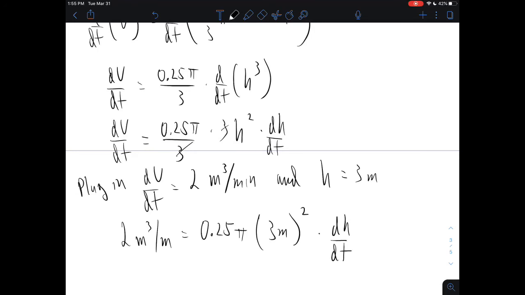And the units, again, are going to cancel out in a way where we're just going to get meters per minute, which is how dh/dt would be measured. And you can see why that would be. The meters cubed on the left are going to be divided out by meters squared on the right, which would just leave you a meters. And then that would be per minute.